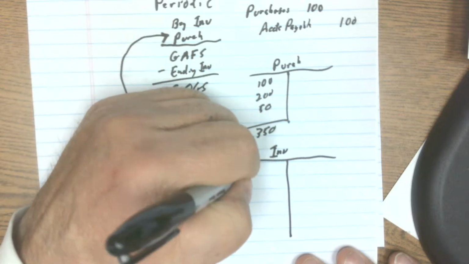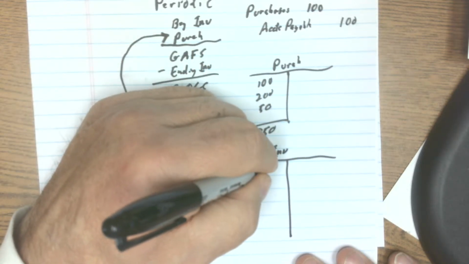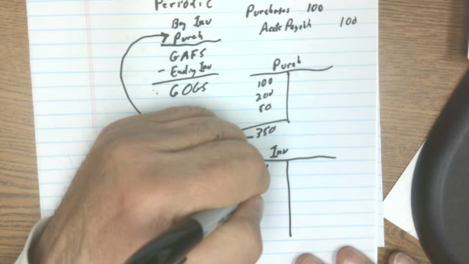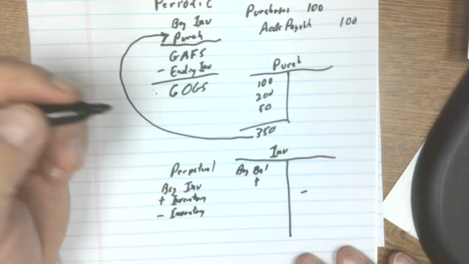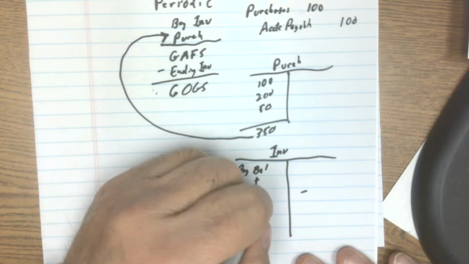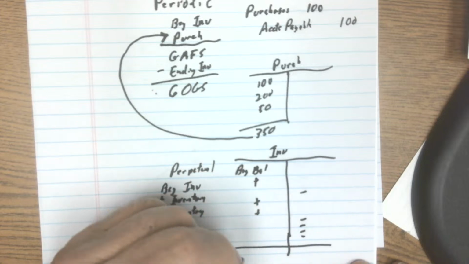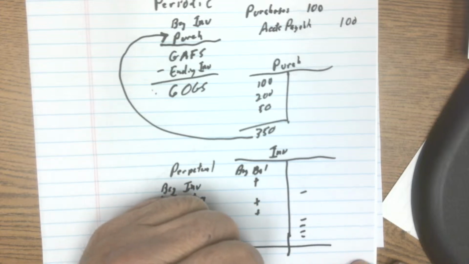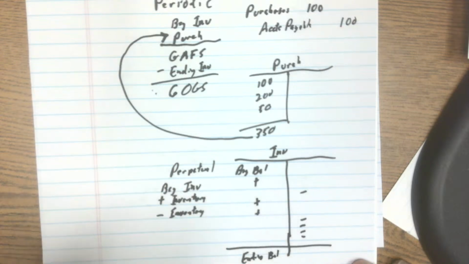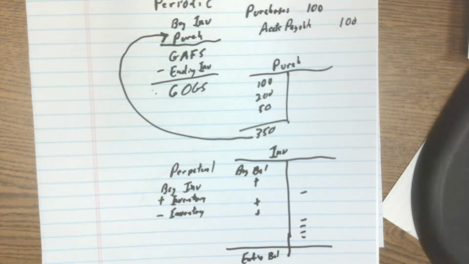So your inventory, you're going to have the beginning balance, and then you'll have your pluses here and your minuses here when you sell something. And then when you add this all up, this will be your ending balance. Now, does that mean that you get to do away with inventory? Absolutely not. The reason is because every organization faces shrinkage.